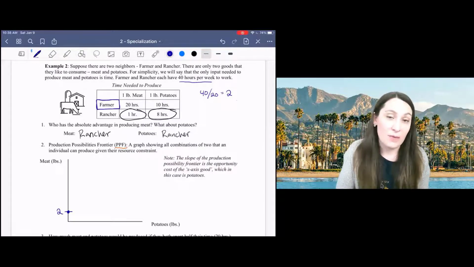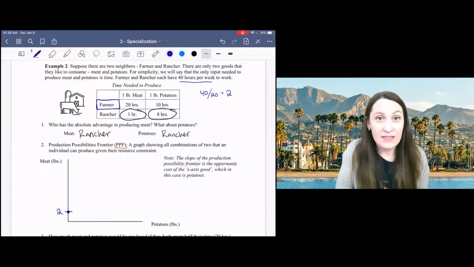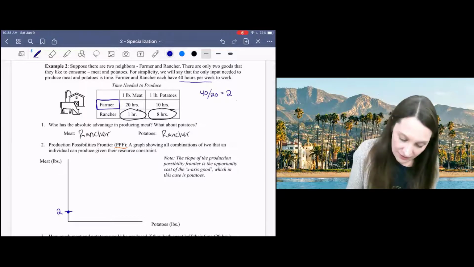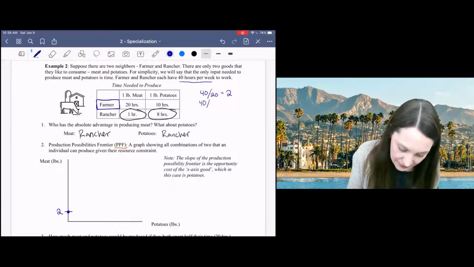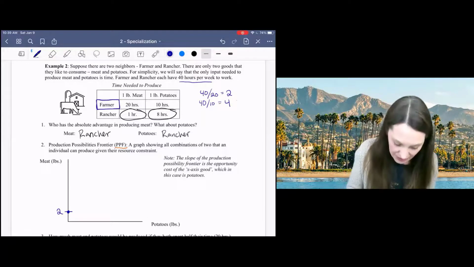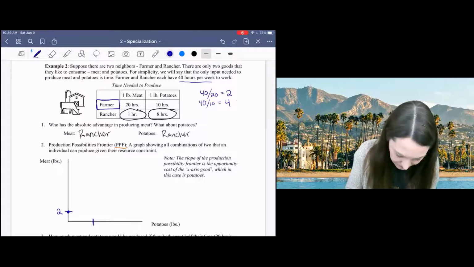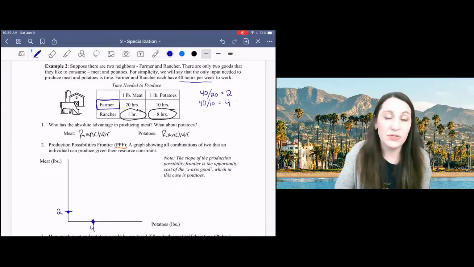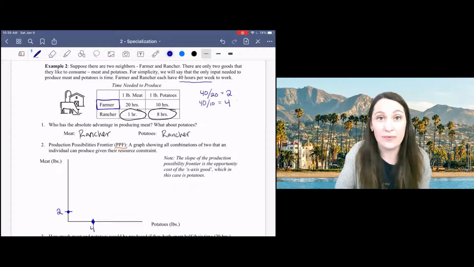Alternatively, the farmer could spend all of his time producing potatoes. If the farmer spends 40 hours a week producing potatoes, he'll end up with 4 pounds of potatoes, but 0 pounds of meat. So this is another point along the farmer's production possibility frontier.